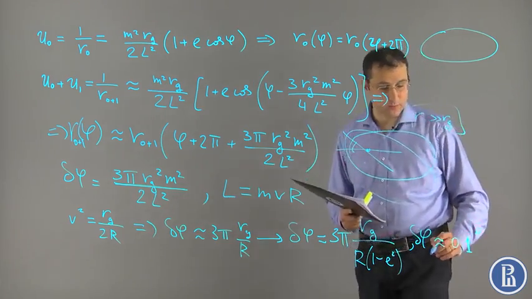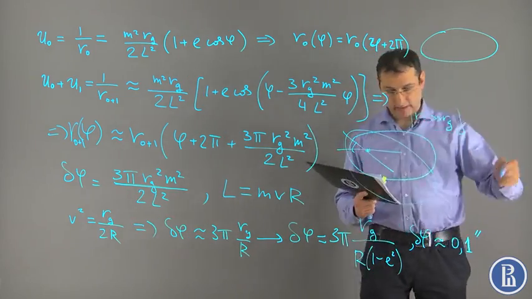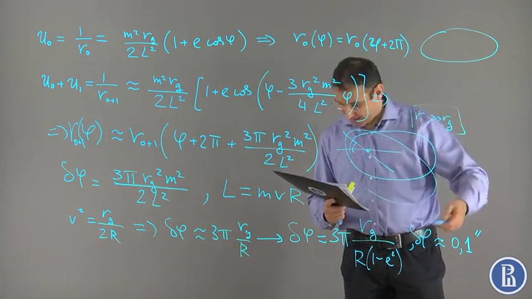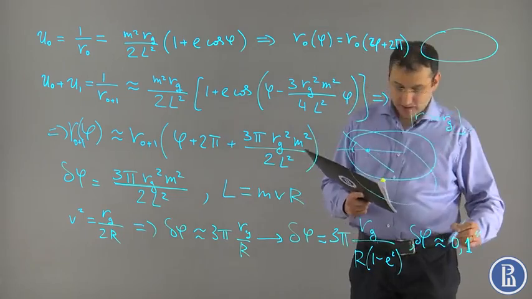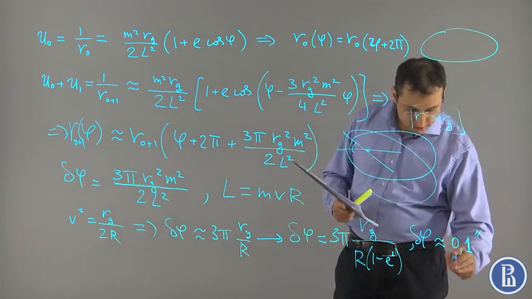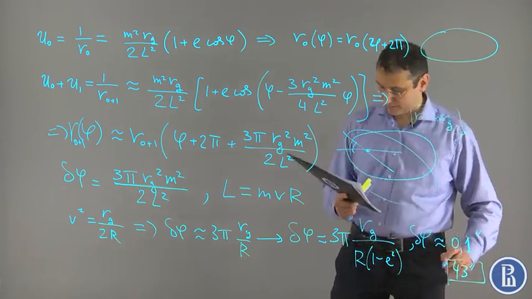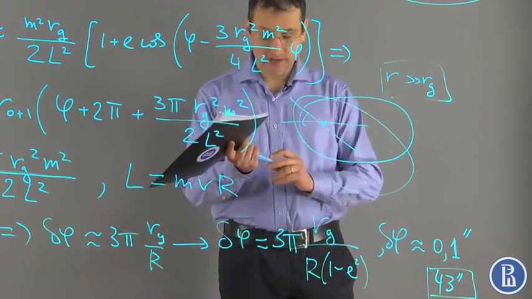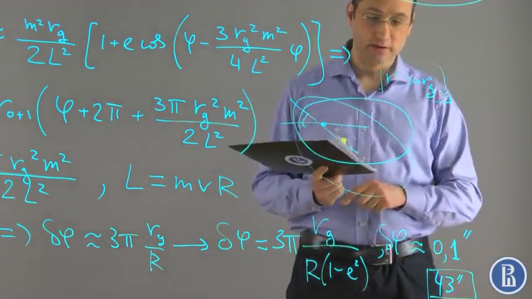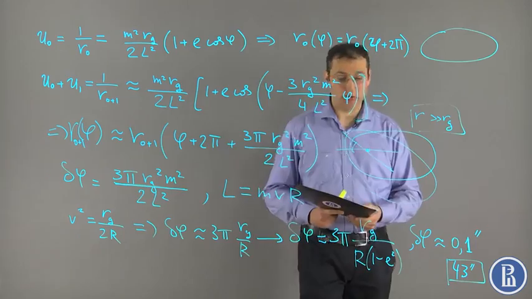So it's 0.1 of an angular second. But this is a secular effect, so it grows in time, and during a century, during 100 years, it goes up to 43 seconds. And this is already a measurable effect, and it is measured and is in perfect agreement with the discrepancy that was observed for Mercury more than 100 years ago.